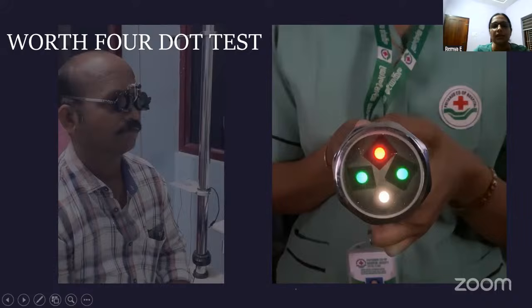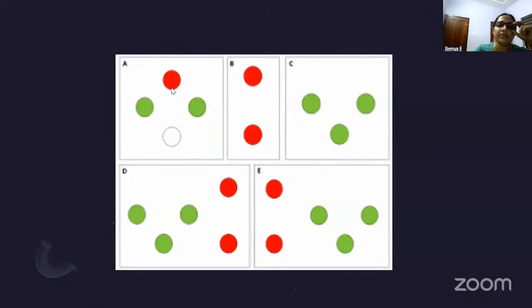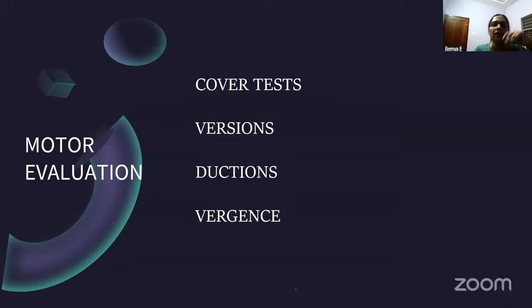The patient has to tell how he or she sees. Normally with binocular single vision, you will see one red and two green. If you have left suppression, you will see only red. With right suppression, you will see only green. And in diplopia, depending on whether exo or eso, you will get five images. So that is the sensory evaluation.